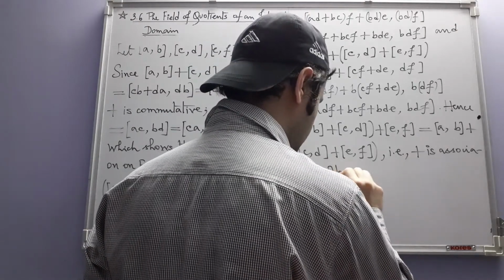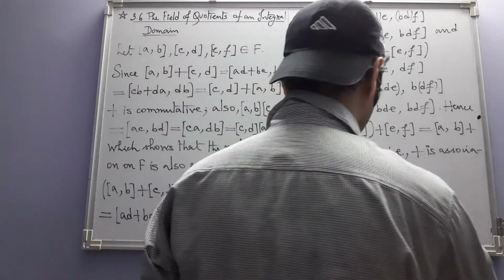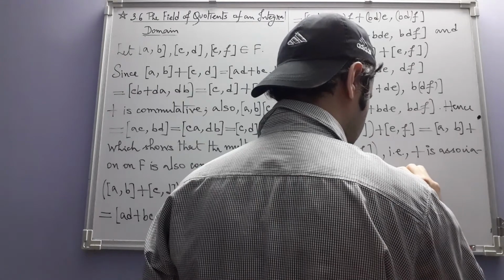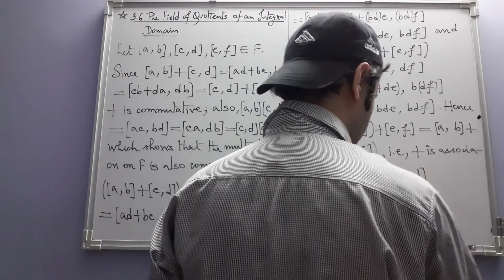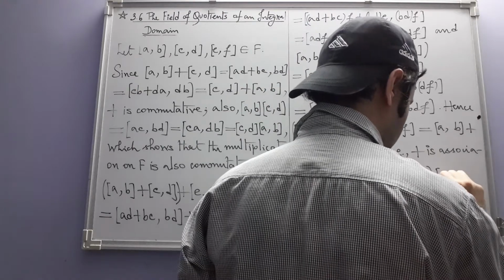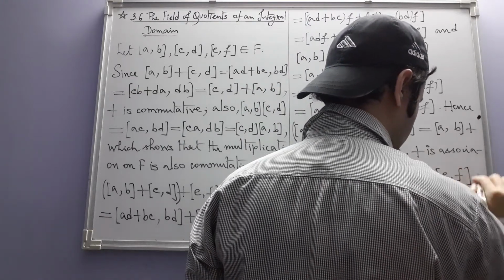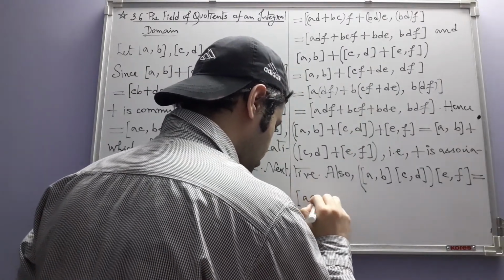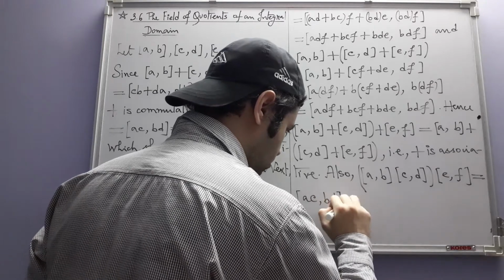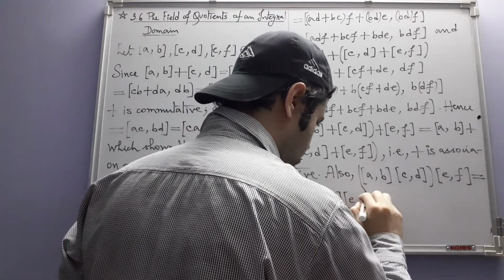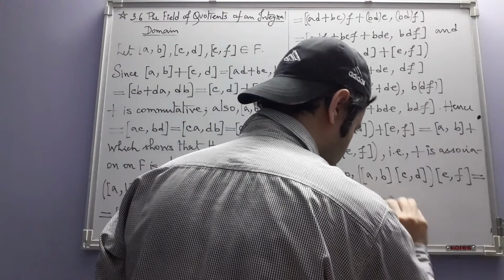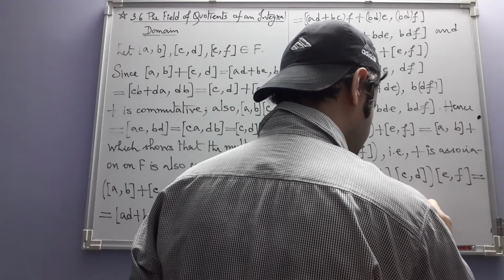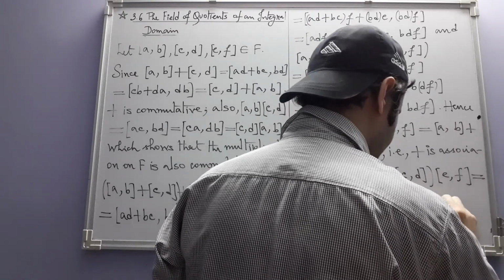Next, let us also see that multiplication is associative also, which will be much easier to show. This is equal to (ac, bd) times (e, f), and this becomes (ac times e, bd times f).